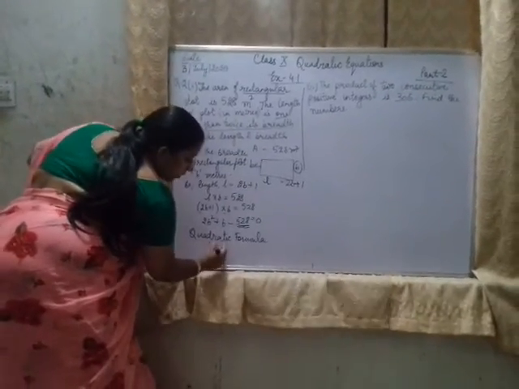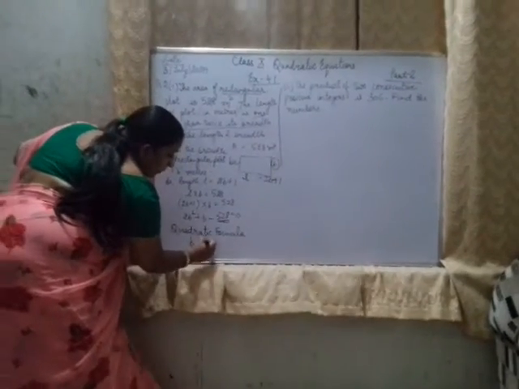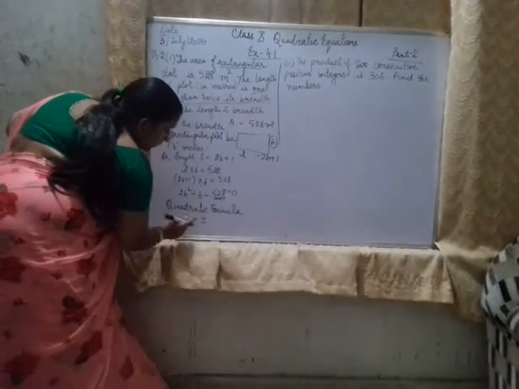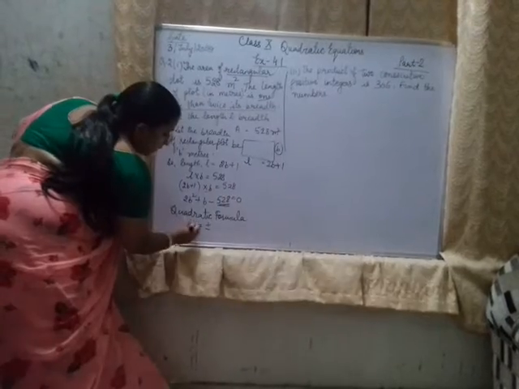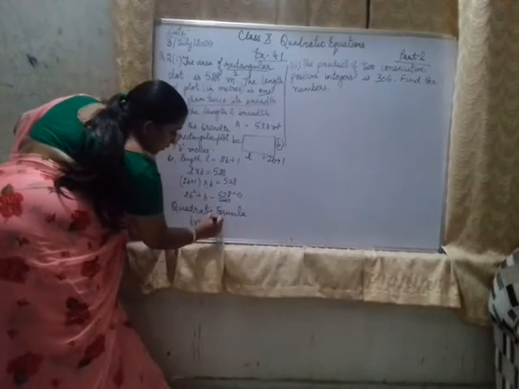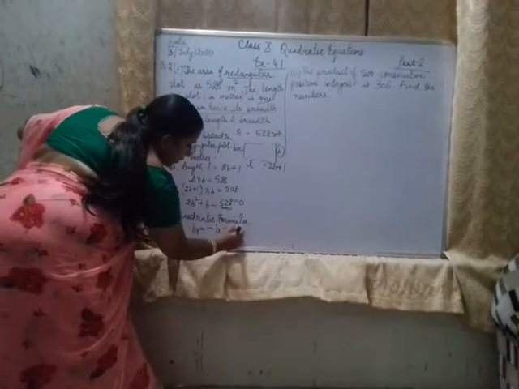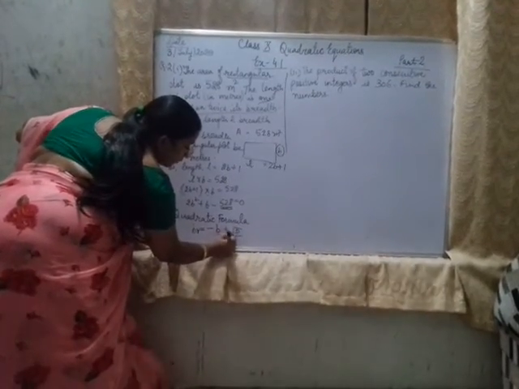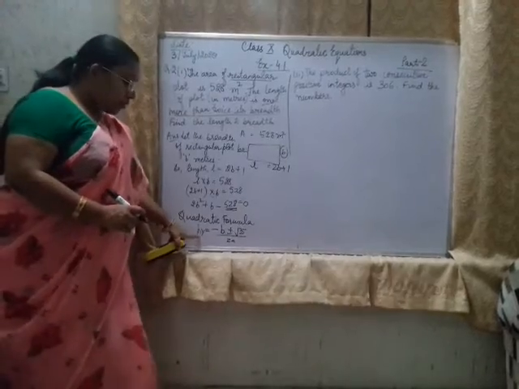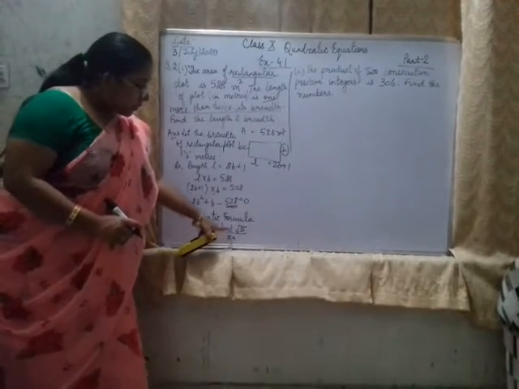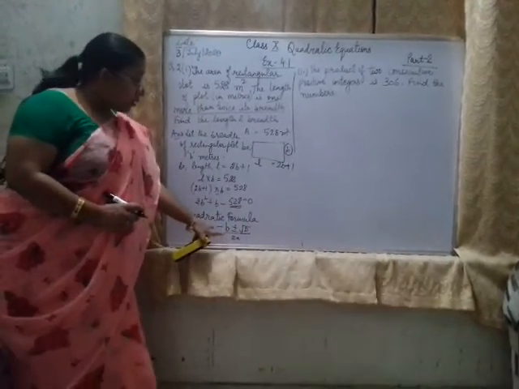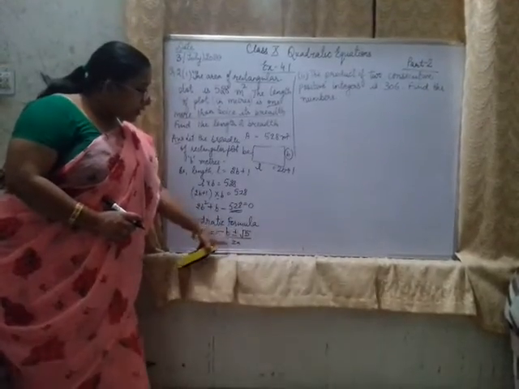So we'll write b is equal to minus b plus minus under root D upon 2a. Let us represent this breadth with br. So the values of breadth will be minus b plus minus root D by 2a. Now you will wonder what minus b, D and 2a are.